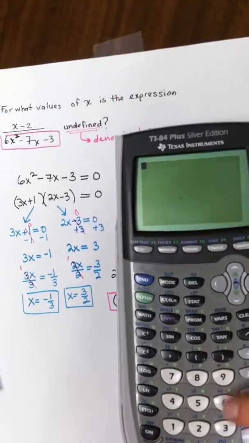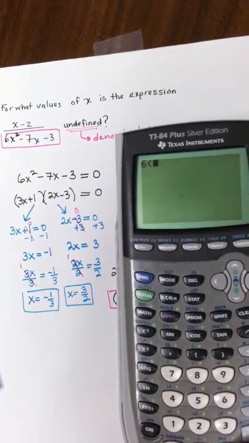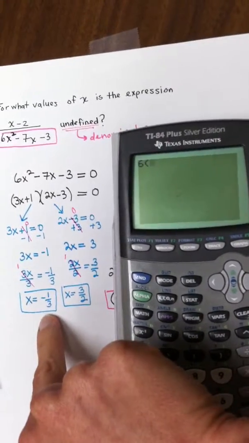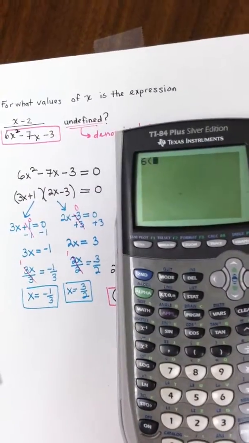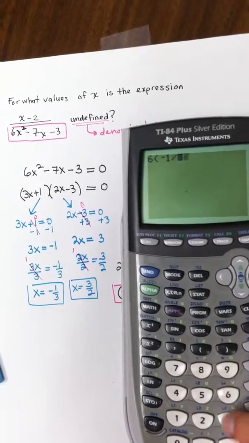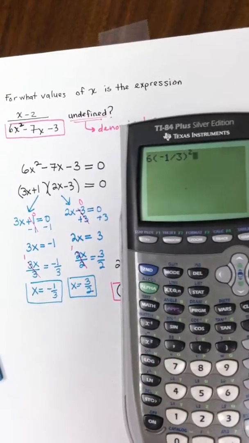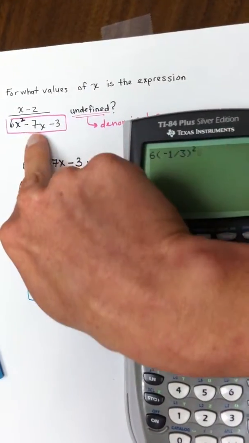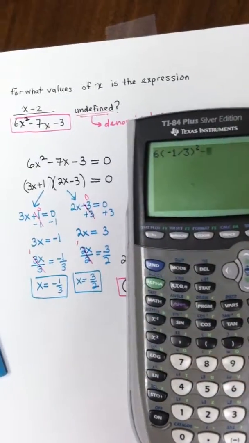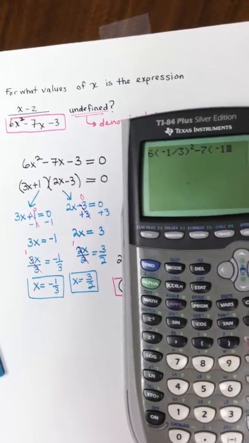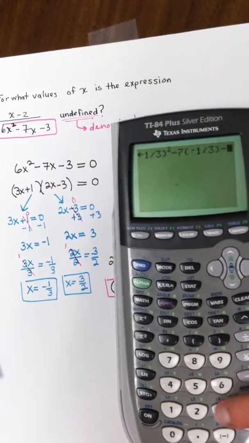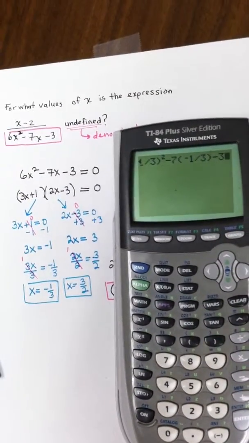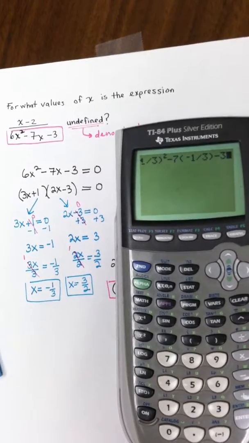So I have 6 times x squared, which I'm going to check with negative 1/3 first. Everywhere I see an x, I'm going to plug in a negative 1/3. So it's going to be 6 times negative 1/3 squared, minus 7 times negative 1/3, and then minus 3. And when I press enter, I'm really hoping I get 0 as my answer.